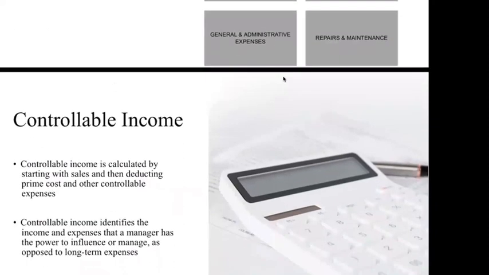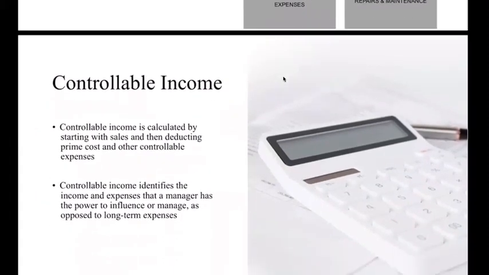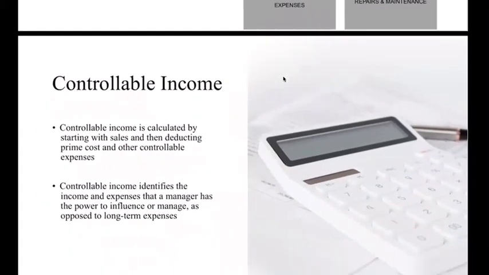And next one, what is controllable income? So okay, controllable income identifies the income and the expenses that the manager has the power to influence or manage as a part of the long-term expenses.